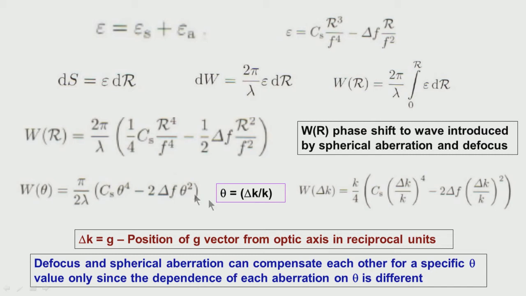For different G vectors, they occur at different positions away from the optic axis in the lens, so there will be a different value of W. What we will try to do now is take this particular value for a specific G vector.